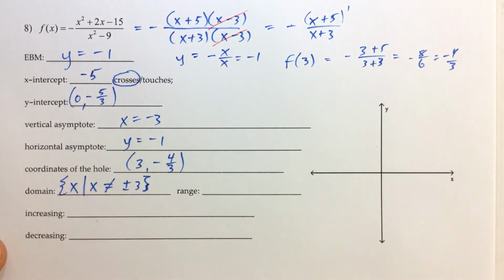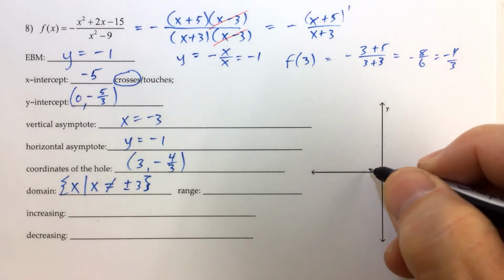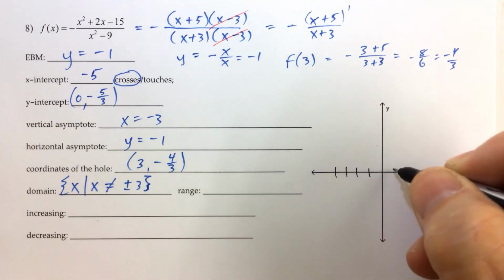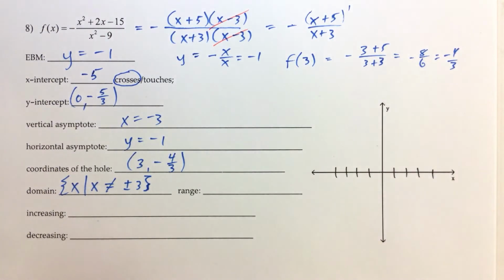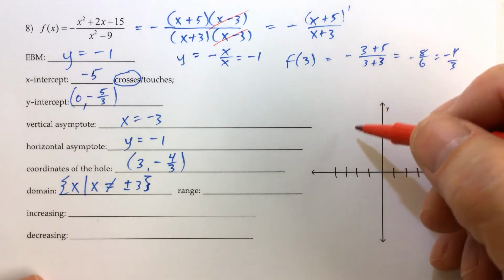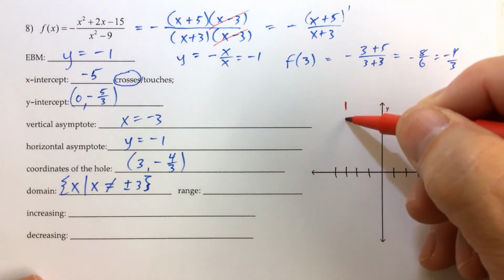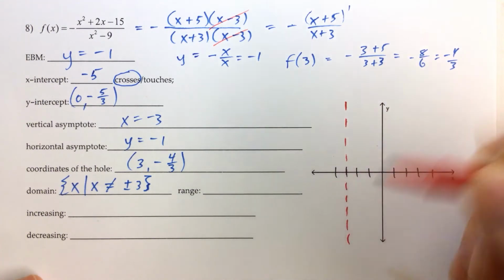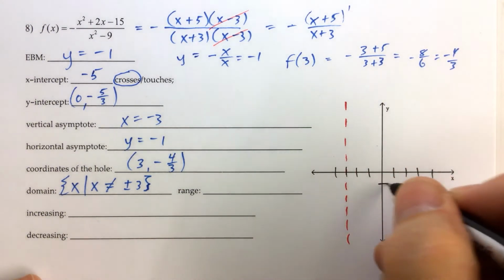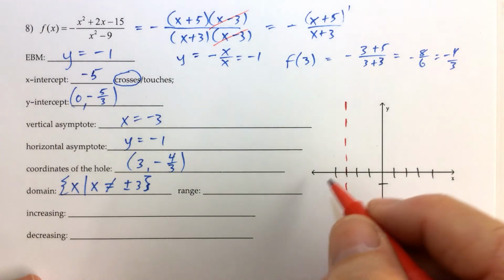Now let's go ahead and start drawing some of those things here. Do I have a black pen? Yeah. So we have 1, 2, 3, and we're going to draw our vertical asymptote at negative 3. And then we also have our horizontal asymptote of y equals negative 1.